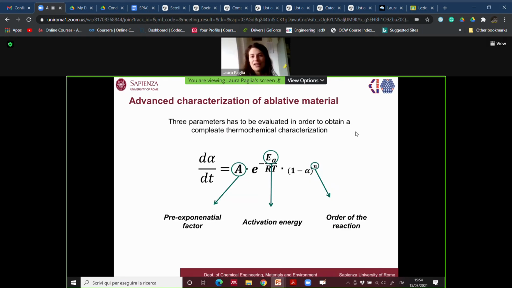The writing of this equation is the more chemical approach. And it is a very typical approach for the evaluation of the thermochemical parameters of the pyrolysis of the phenolic resin, for example.